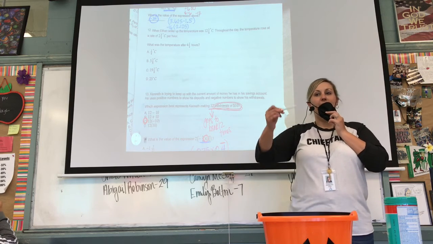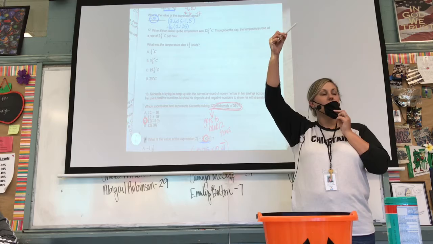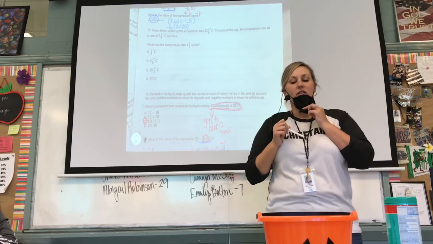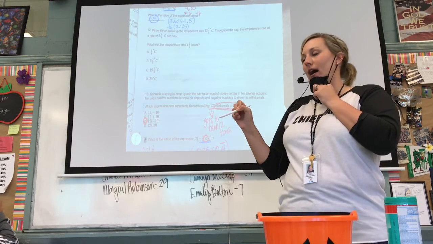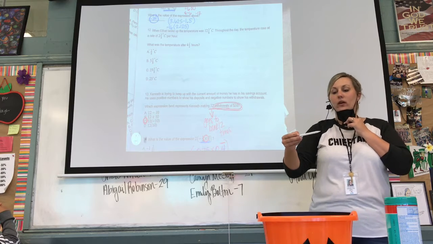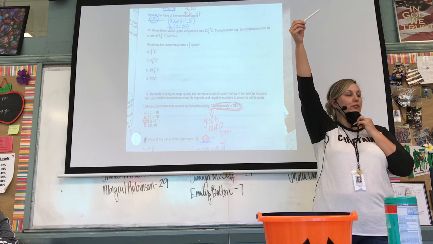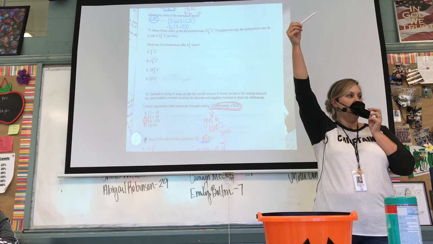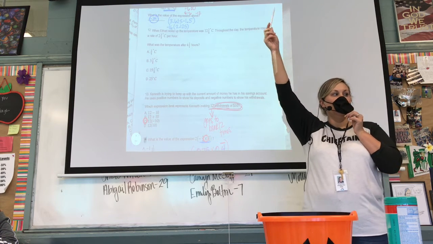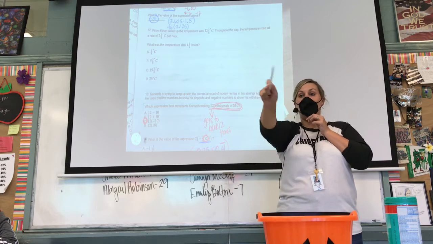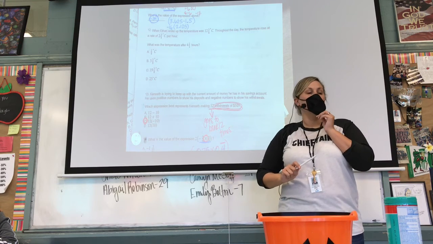And then every hour, how much is it going up? 2 degrees. What is the temperature after 4 hours? Now, if it's going up 2 degrees each hour, how much did it go up after 4 hours? It'd be 12, so it's not 8, 20. It goes up 8. How did you get that? 2 times 4.